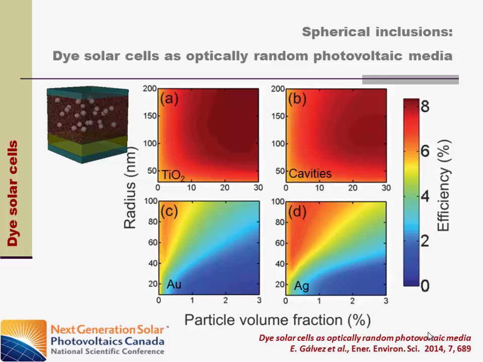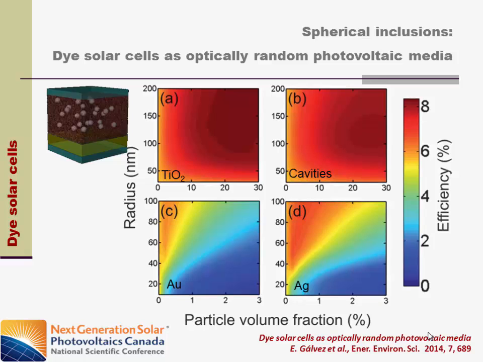What we did here was to compare the efficiency that you would get when you use dielectric particles, or titanium oxide particles, when you just make holes inside the film and let them be filled with electrolyte, or when you use gold or silver particles.